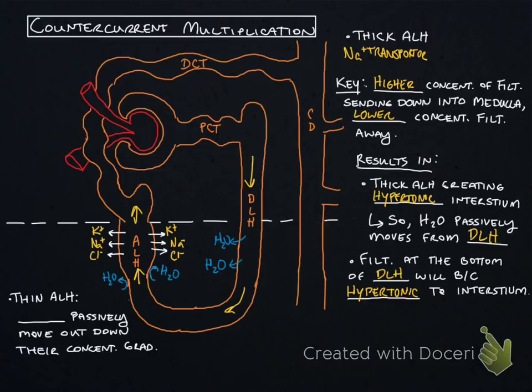Now in the thin ascending loop of Henle, things like sodium and chlorine passively move down their concentration gradient. So sodium and chlorine in the thin ascending loop of Henle passively move down their concentration gradient.